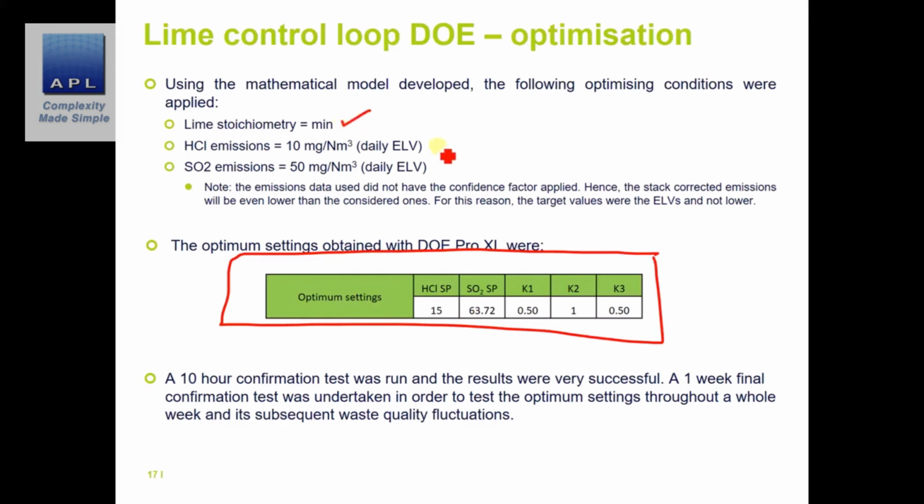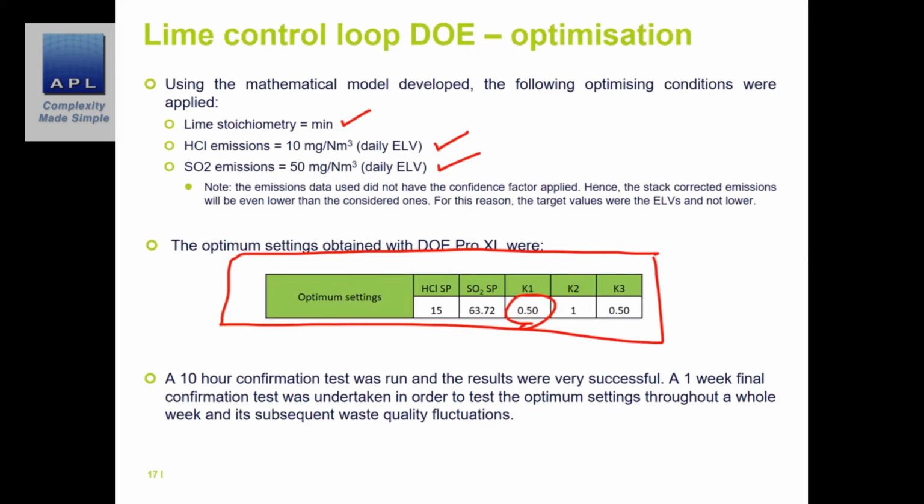We want stoichiometry to be at a minimum, HCl to be less than 10 milligrams, SO2 to be less than 50 milligrams. That was the request, and the computer came back and said the sweet spot sits right here. 15, 63.7. The K1 is locked at 0.5. That was the one we just looked at to minimize standard deviation.